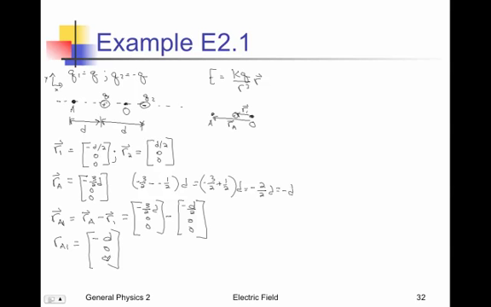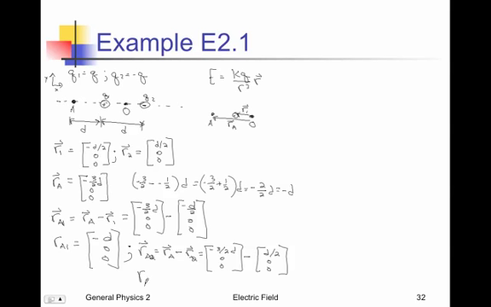Okay, so now what about RA2? RA2 is RA minus R2. So we have negative 3/2 d, 0, 0, minus d over 2, 0, 0.